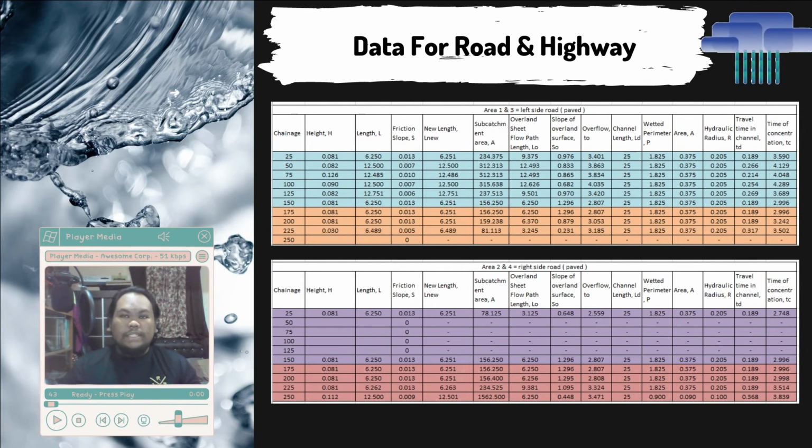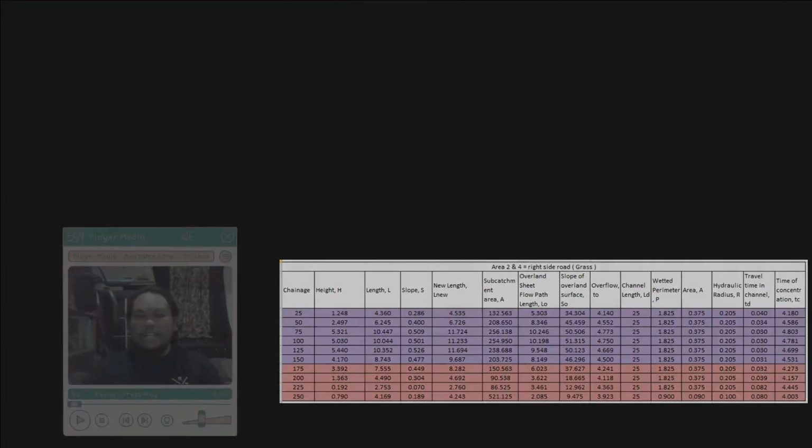From the table, area 1 and area 3 are categorized as the left side of the road on the west side, and area 2 and 4 are categorized as the right side of the road on the east side. Each of these areas is divided into 2 components, which are road and highway, and open spaces, which is grass cover.